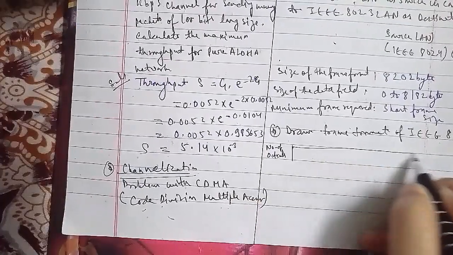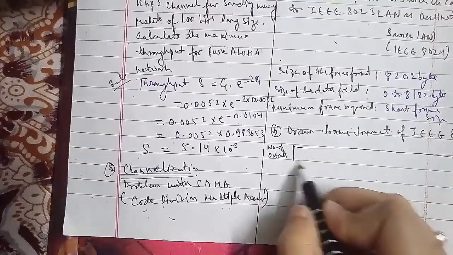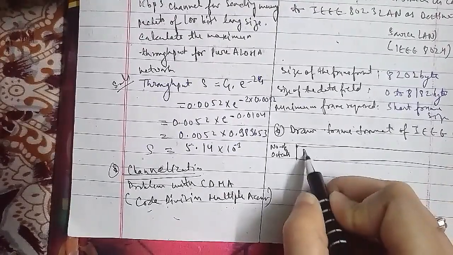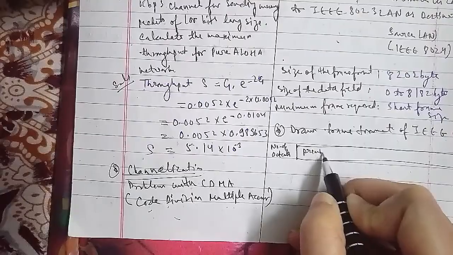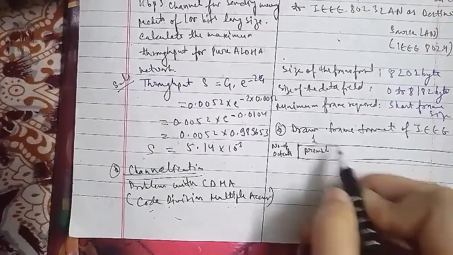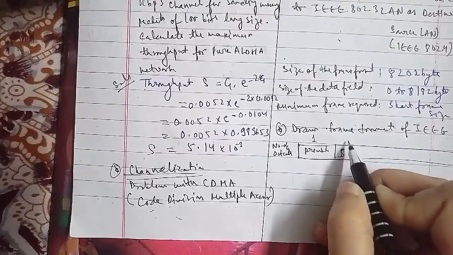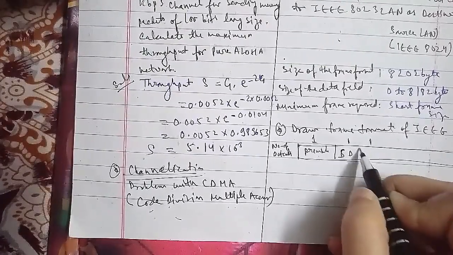The second field is the FC, the frame control. The frame control field is used to distinguish data frames from control frames, and for a data frame it carries the frame's priority, and it indicates the type of the frame, whether a data frame or a control frame.